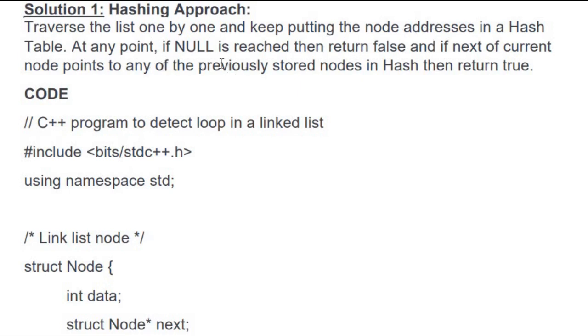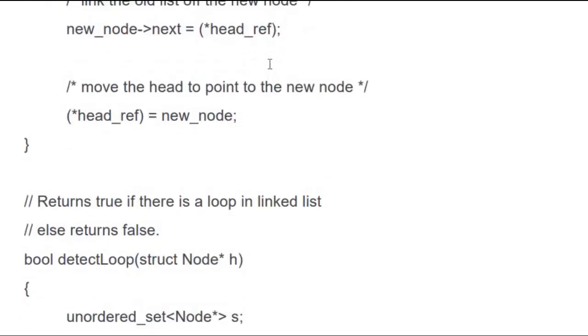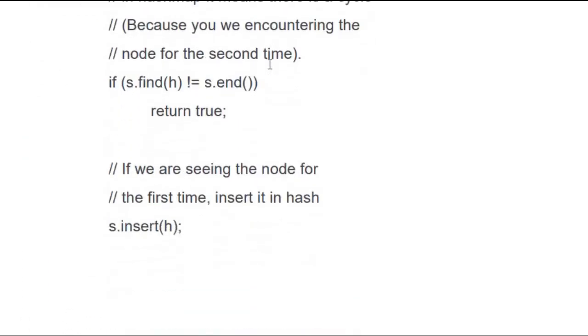At the end, if null is reached, then we return false, and if next of the current node points to any of the previously stored nodes in the hash, then we return true. This is the basic structure of how we are going to write this code.